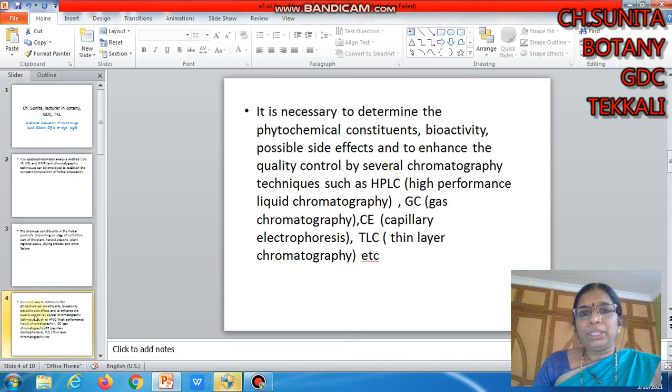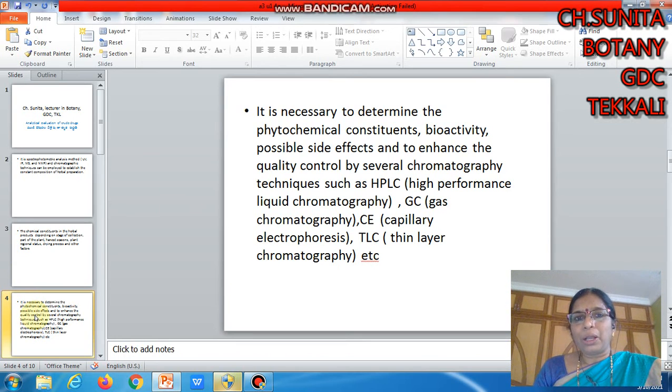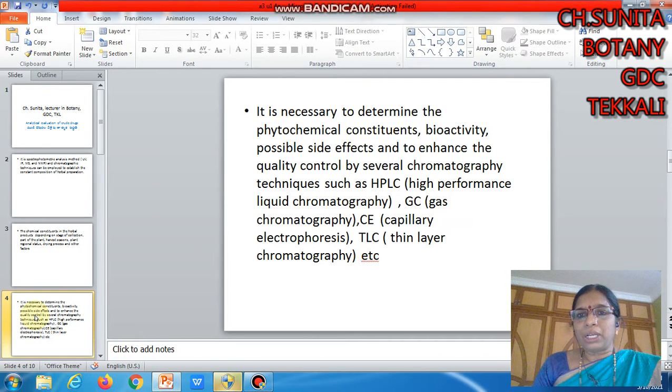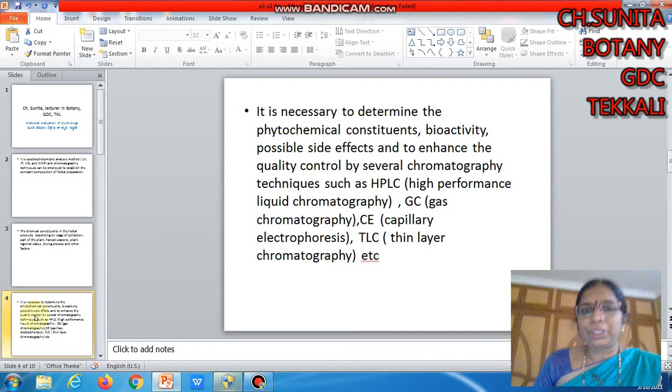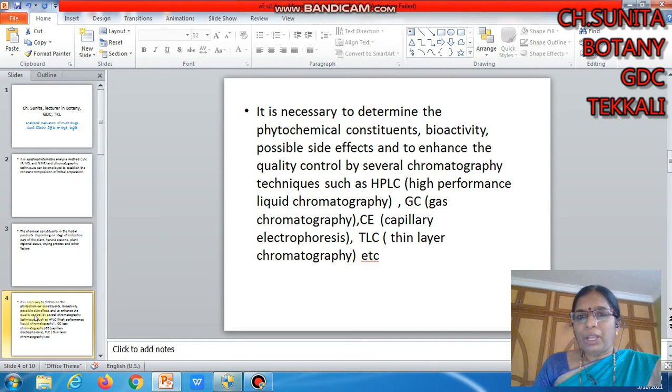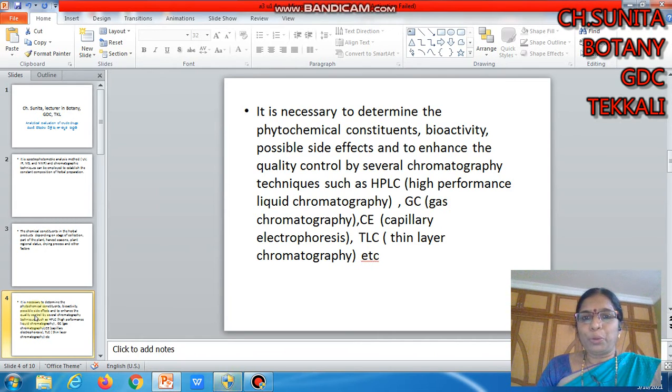So what is that? It is necessary to determine the phytochemical constituents, bioactivity and possible side effects, and to enhance quality control by several chromatography techniques. What are the several chromatography techniques? Those are HPLC, that is high performance liquid chromatography, gas chromatography, capillary electrophoresis, and thin layer chromatography.